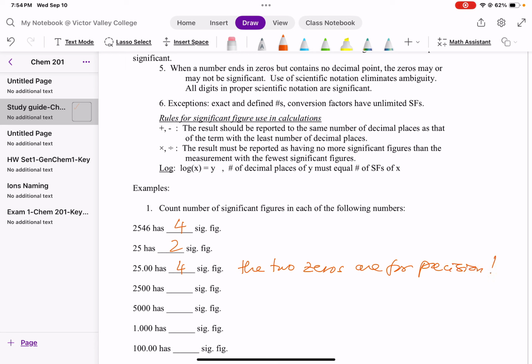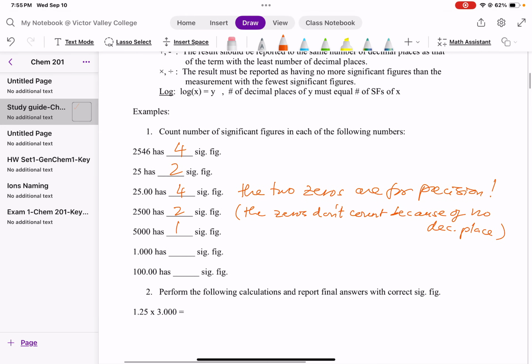Okay, 2500, no decimal point: the zeros don't count, so that's just 2 significant figures. 5,000, same thing, just 1.